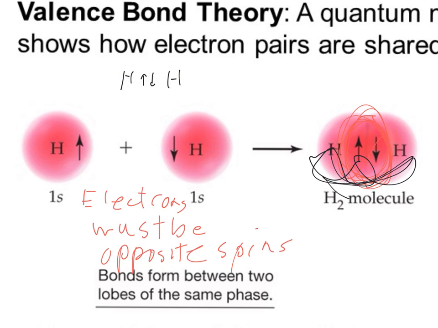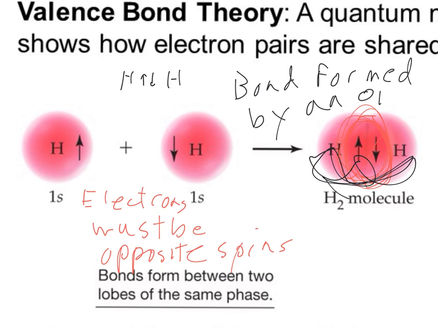So what we have, when we have a bond form, is a bond formed by an overlap of orbitals. Unfortunately, neither orbital is being destroyed.